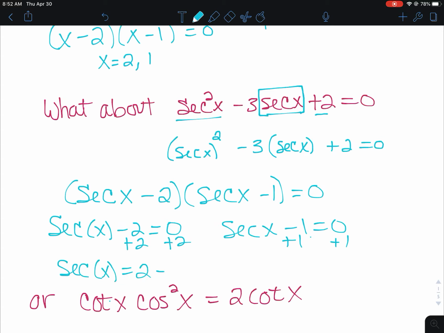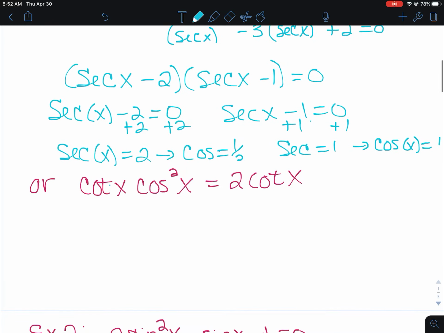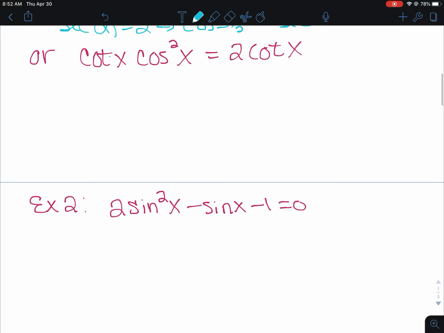So we're looking for where the secant is equal to 2, which really means where's the cosine equal to 1/2, or where is the secant equal to 1, or where is the cosine of x equal to 1, right? The reciprocal of 1 is still 1. So then you could use your unit circle and solve them just like we have been doing. And don't forget to add on pi n or 2 pi n to get all the values at the end.